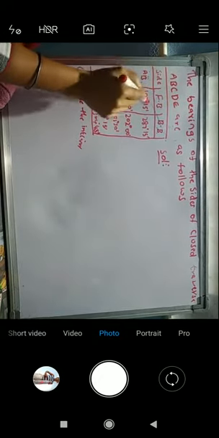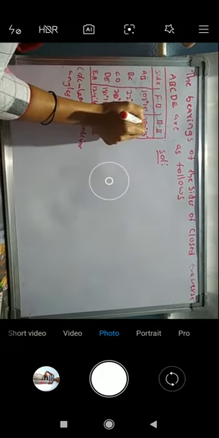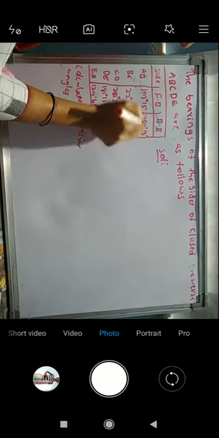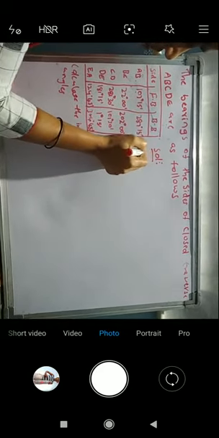Okay, it starts from the second quadrant, and this 287 degrees 15 minutes is in the fourth quadrant. That means the line AB starts from the second quadrant and ends at the fourth quadrant. Likewise we have to draw.